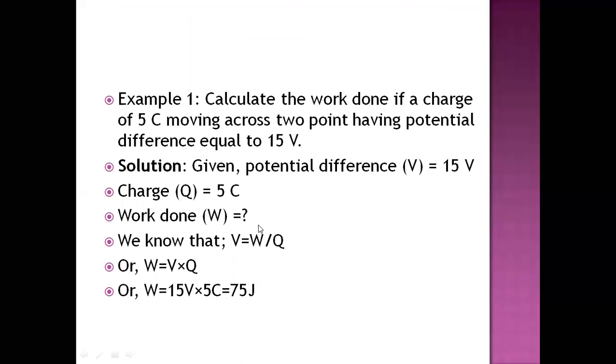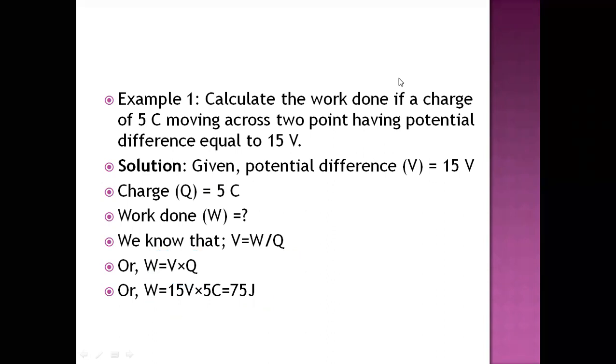So V is equal to W upon Q, or W is equal to V into Q, and in this way W is equal to 75 joule. These are the formulas we can use when calculating the voltage.